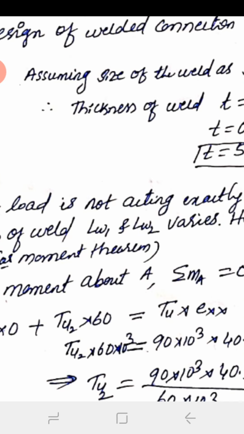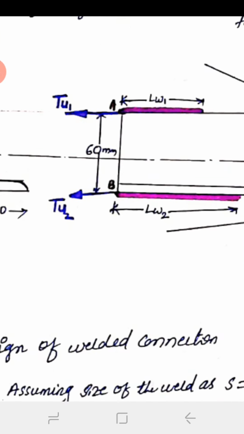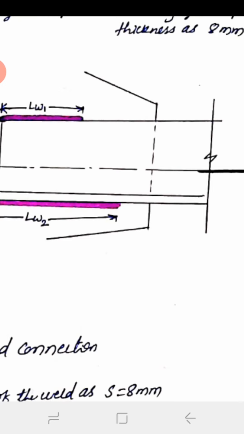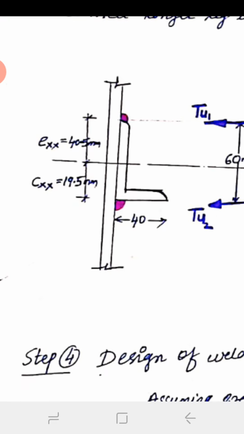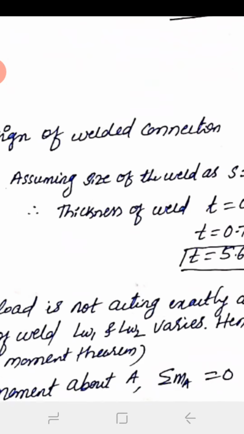Then substitute the value of TU, then TU2 is unknown, into 60, about moment edge A. I am taking moment about A. TU2 into 60, then TU1 passing through the moment center, that is A, TU1 into 0, equals TU into EXX, that is 40.5.